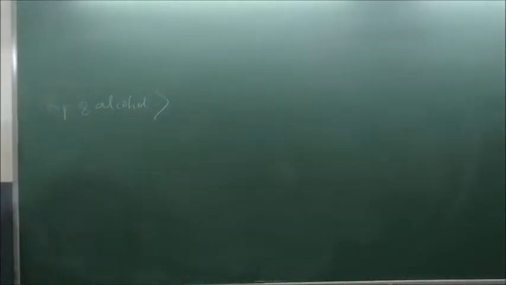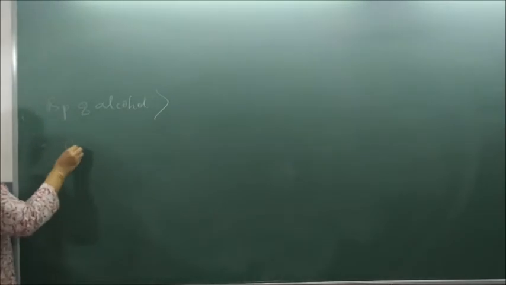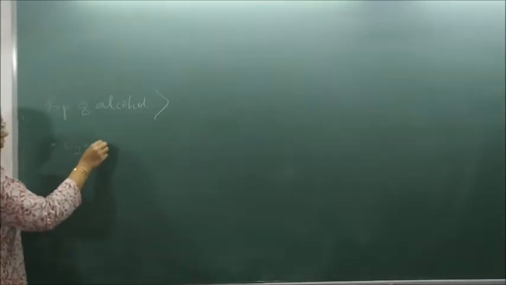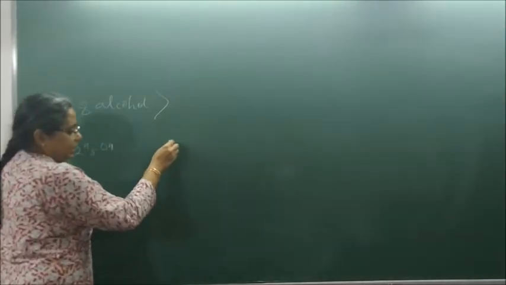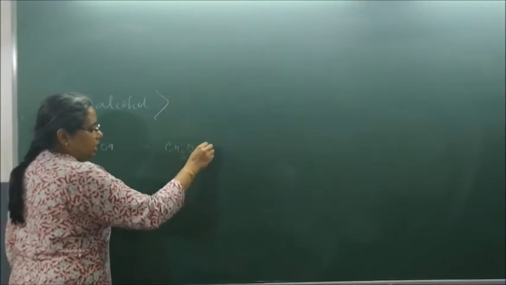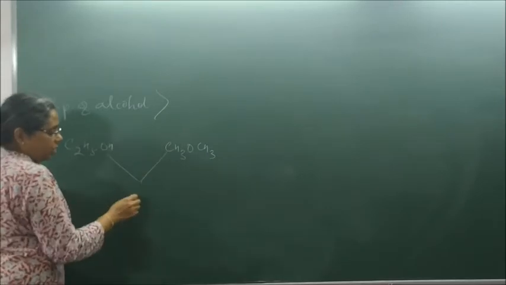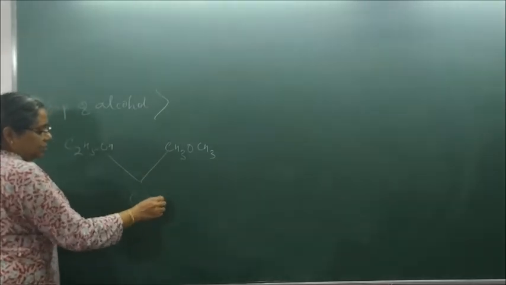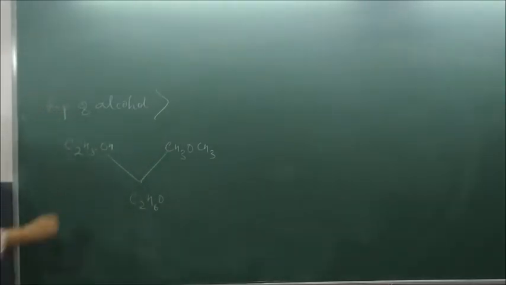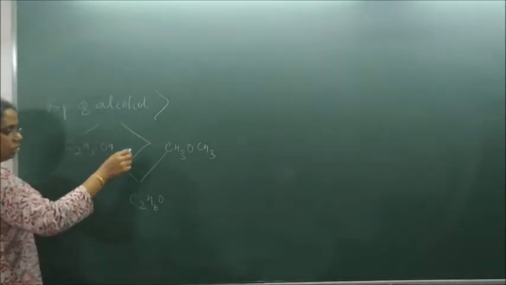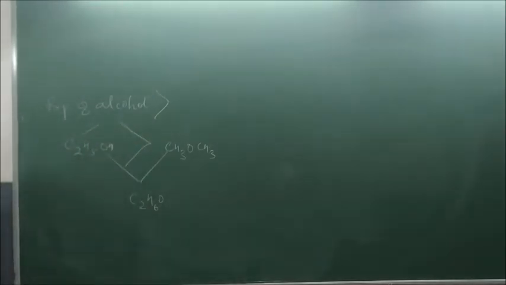Let us consider, I take C2H5OH and I take the first ether, CH3OCH3. Both have the molecular formula C2H6O. But the boiling point of alcohol is much more than the boiling point of ether.